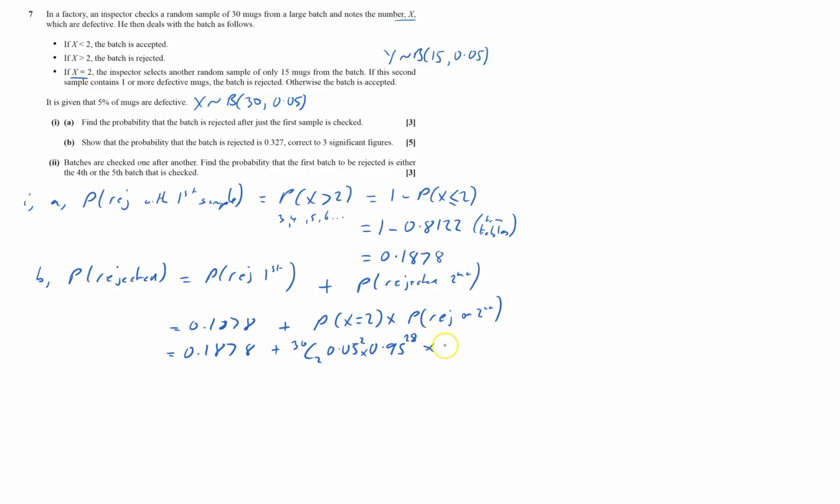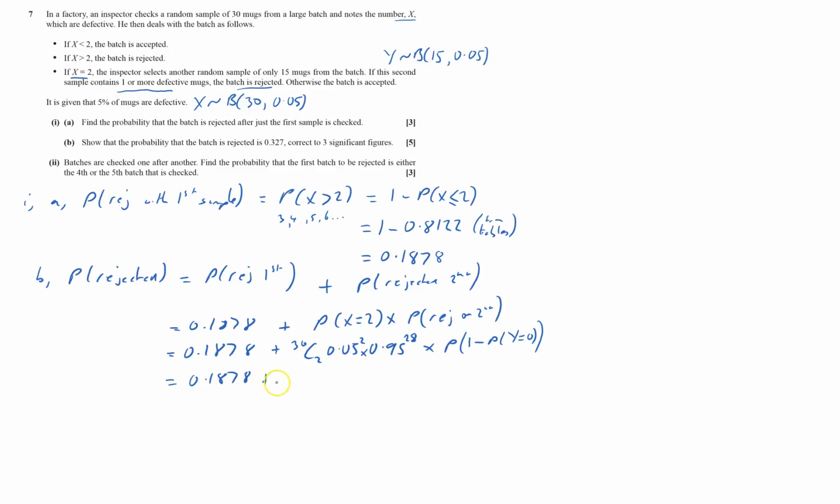Then times the probability of rejected on the second, which means it's got to have 1 or more, so that's 1 minus the probability of Y equals 0. That's the number of ways of no successes, and therefore at least 1 failure.